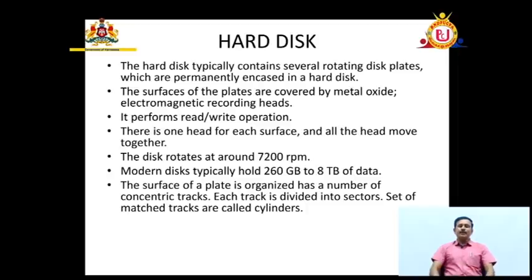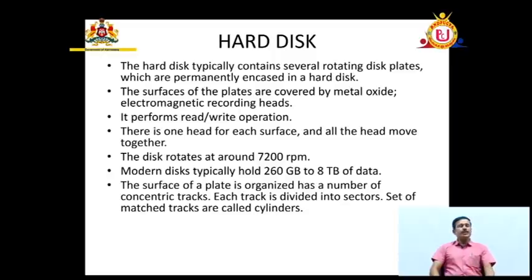It is coated with metal oxide, hence we can store and retrieve the information. Generally, electromagnetic recording heads are used to read and write. Around 8 terabytes of information can be stored in a hard disk.